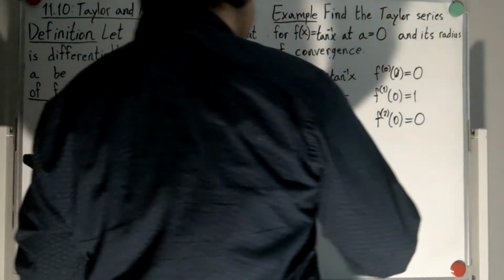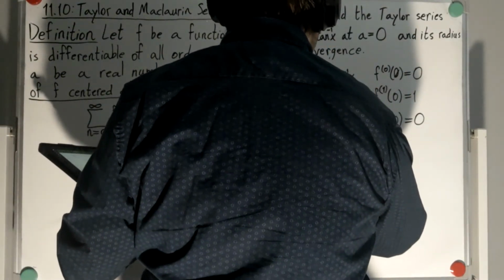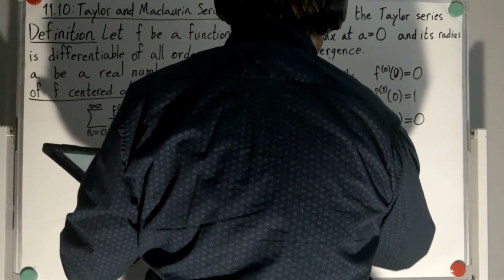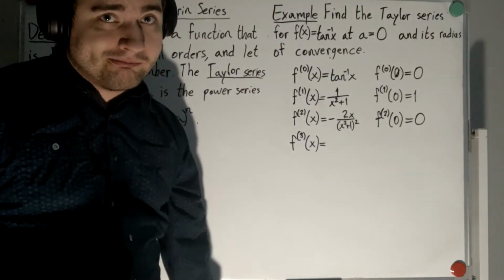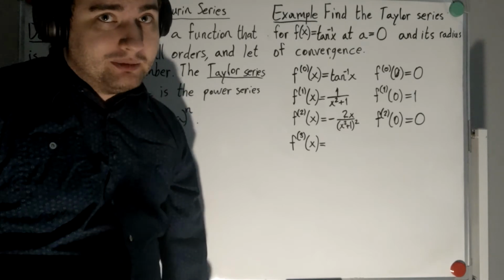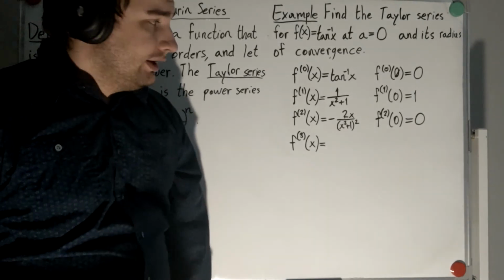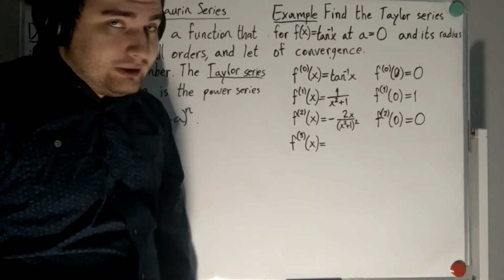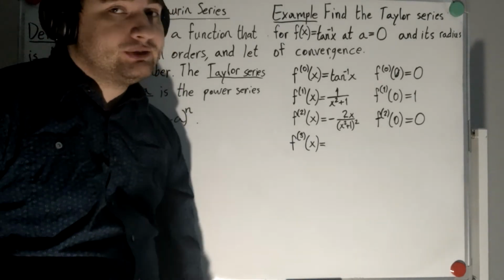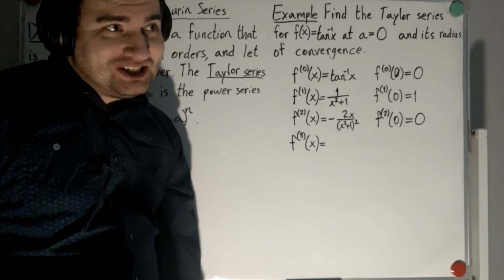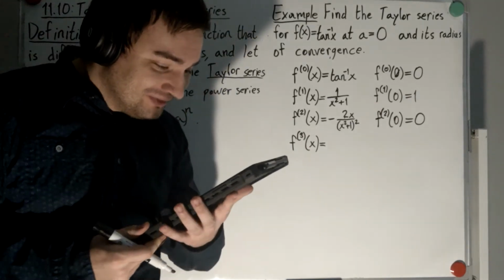Okay, third derivative. We're certainly going to need more, right? Because I can't tell what the pattern is just by looking at these first 3. Maybe you can, but I can't. So we're going to need more derivatives. All right, well, if you want the derivative of this thing, you have to use the quotient rule, which I went ahead and did.